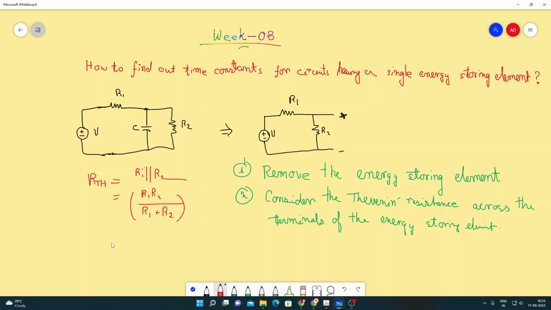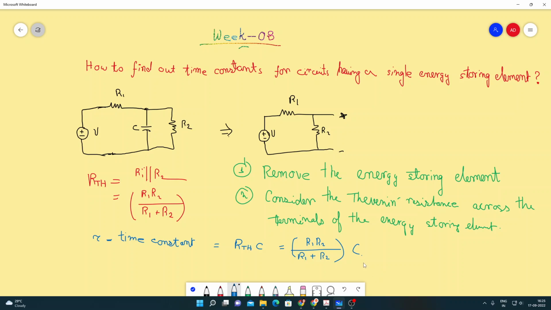Now hence we can say the time constant tau, which is the time constant which we want to find, equals R Thevenin into C, that is equal to R1 R2 by R1 plus R2 into C.